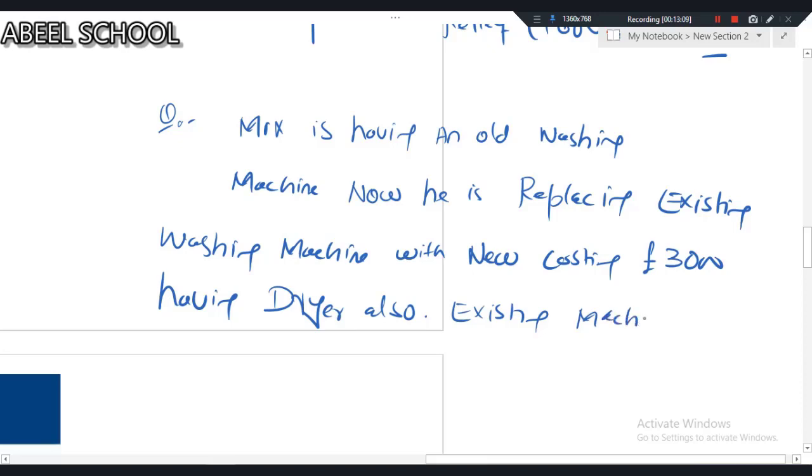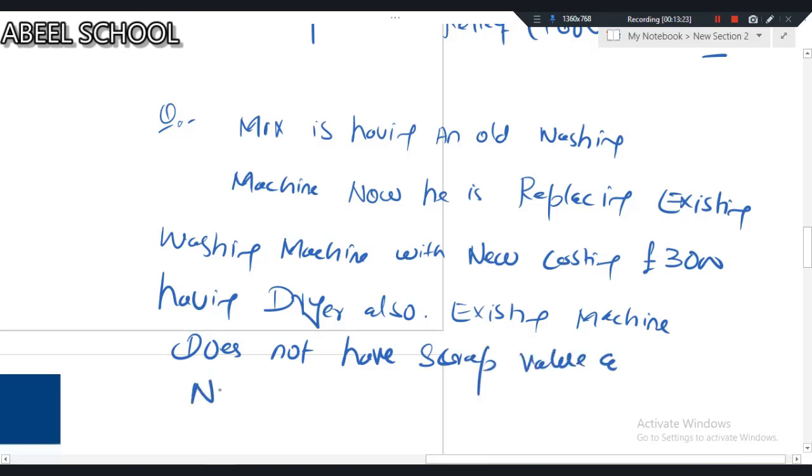The existing machine does not have a dryer and does not have any scrap value. So this gentleman is replacing the existing washing machine with a new advanced washing machine, and the new washing machine has a dryer facility also, but the existing one does not.